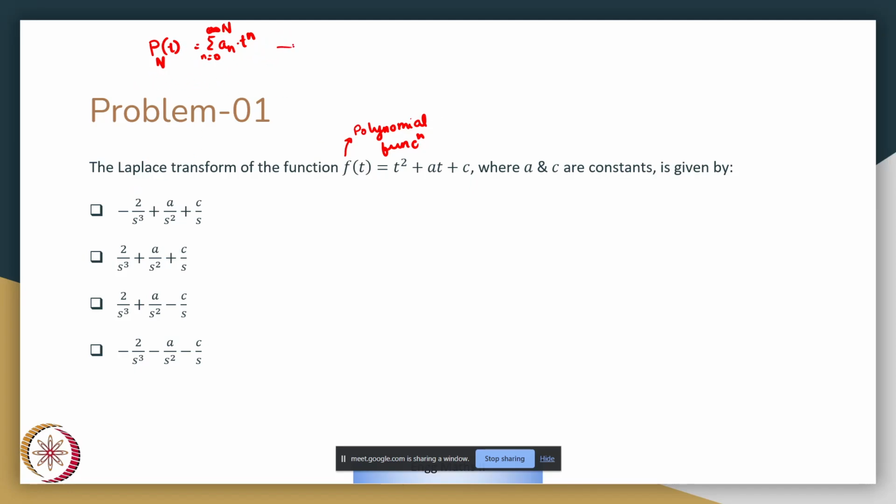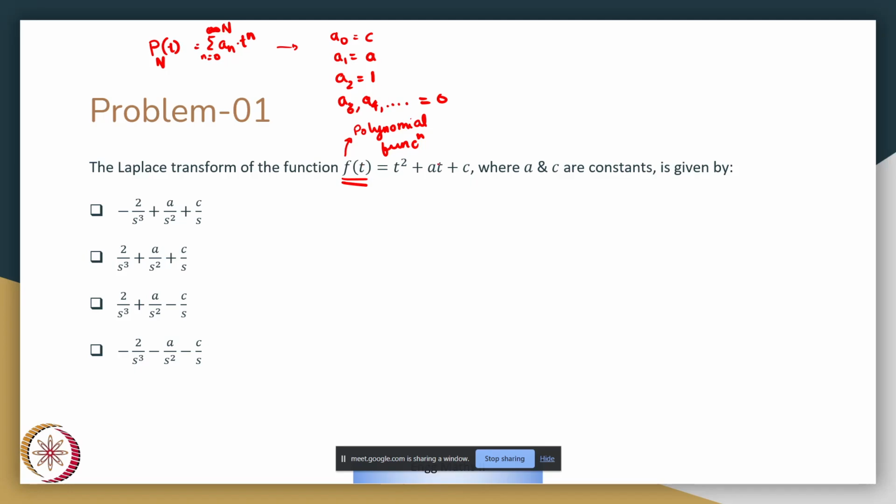We can see that we essentially have a0 is equal to c, a1 is equal to a, and a2 is equal to 1, and a3, a4 onwards, all vanish to 0. So this is our polynomial p sub capital N for this particular function f of t.